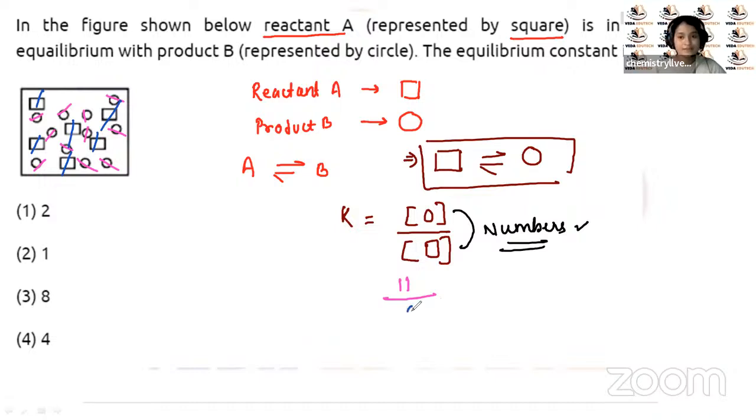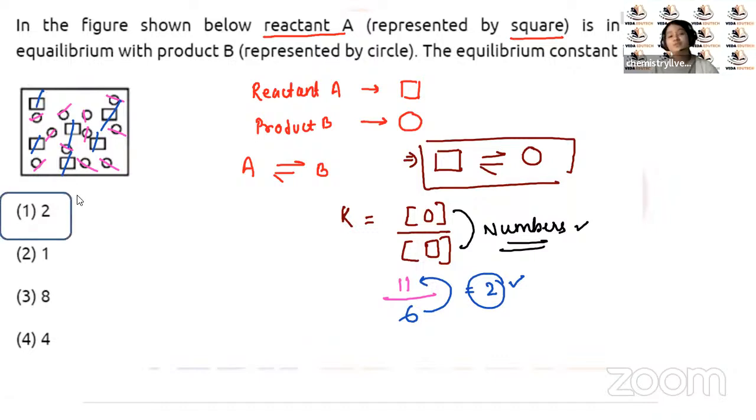So this is 6. So this is nearly how many times? This is nearly 2 times. And 2 times is in option number 1, so your answer is going to be 2. It might seem difficult, but look how easy the question is. Yes or no, children? This was a very easy question.